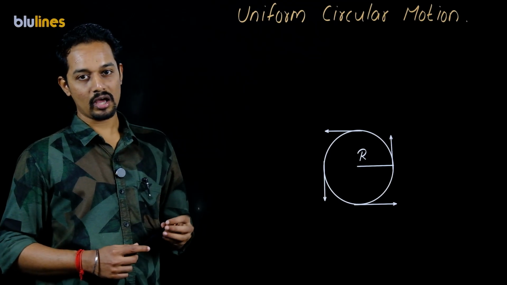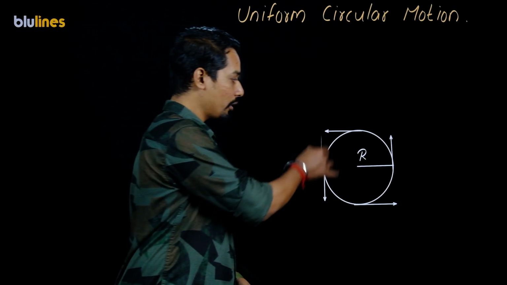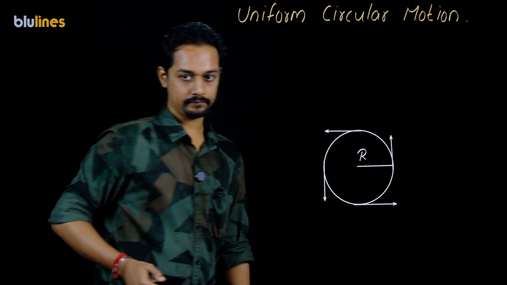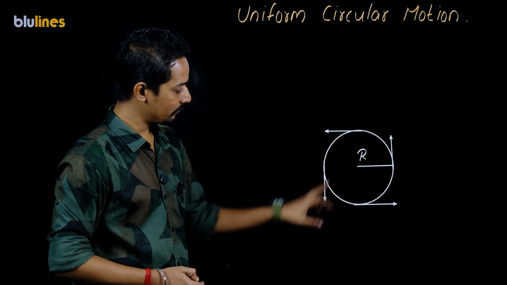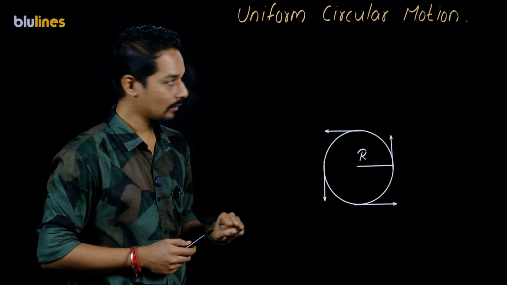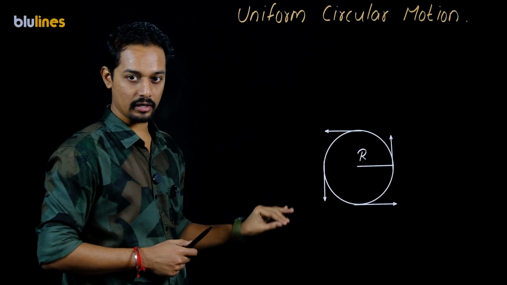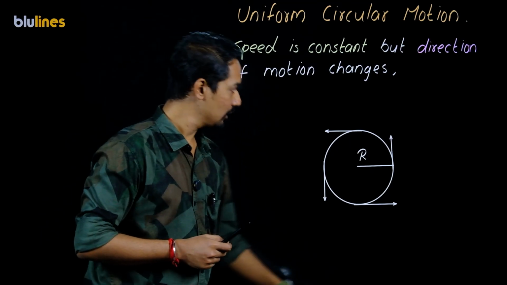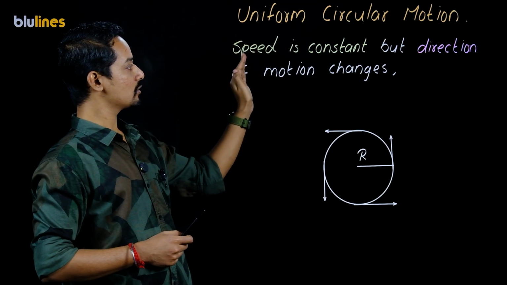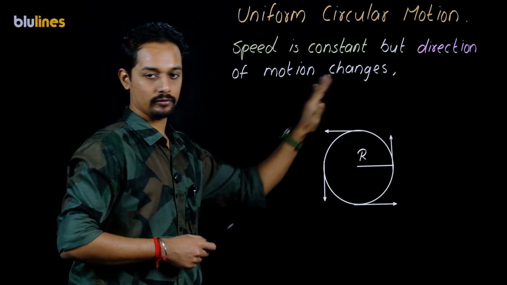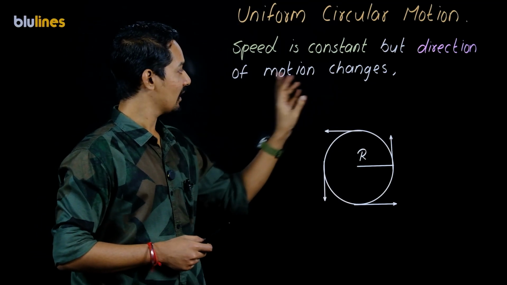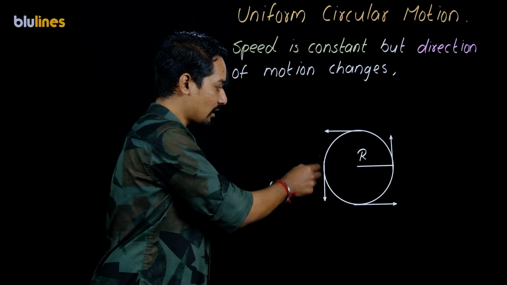Now, uniform circular motion. Let's consider a body which is moving in a circular path. The circle has radius r. Uniform circular motion means the speed is always constant for this motion. But the direction we specify as tangents.